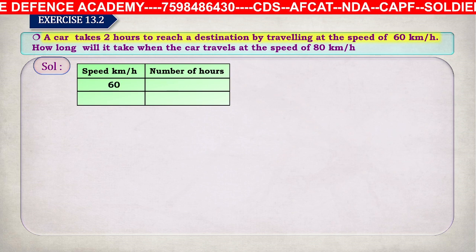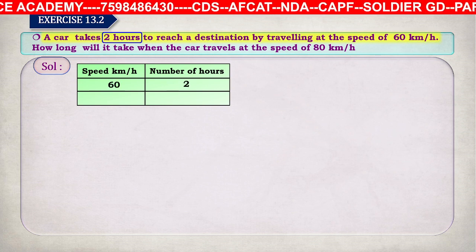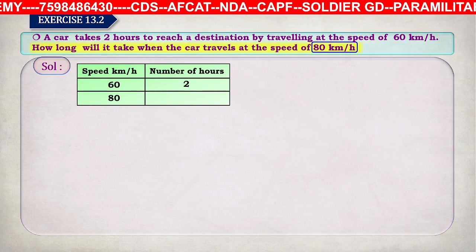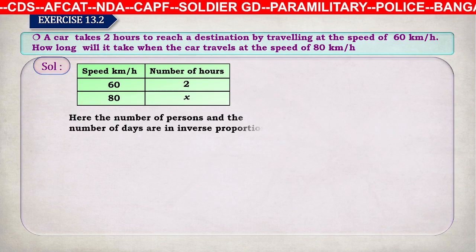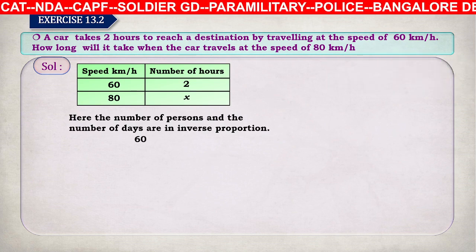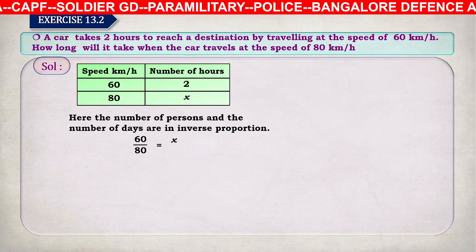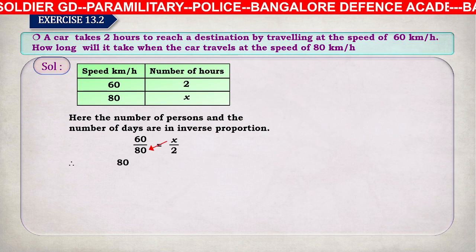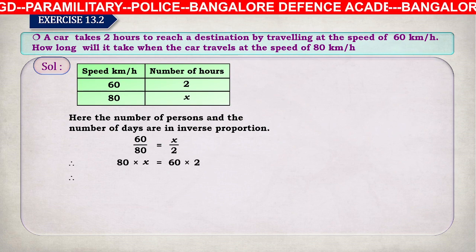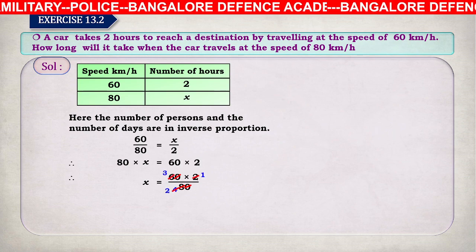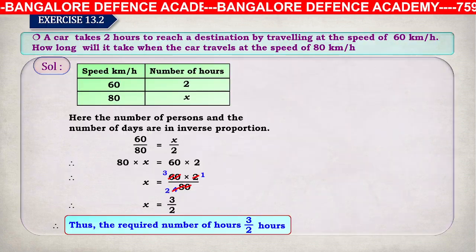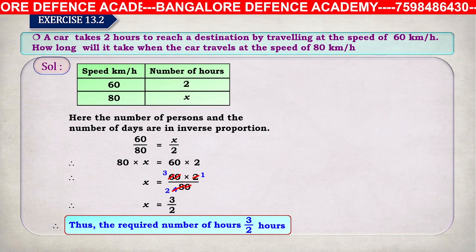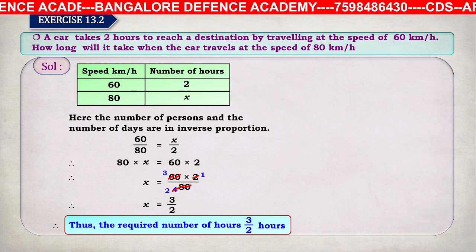At 60 km per hour, I reach in 2 hours. What happens if I travel at 80 kilometers per hour? I have to calculate the number of hours. If I multiply these two variables, that is inverse variation, or you can take the ratio, and it's the same thing. 80 into x is equal to 60 into 2. You get the answer as 3 by 2 hours, which can also be written as a mixed fraction or in decimal, but you can go with 3 by 2 hours.